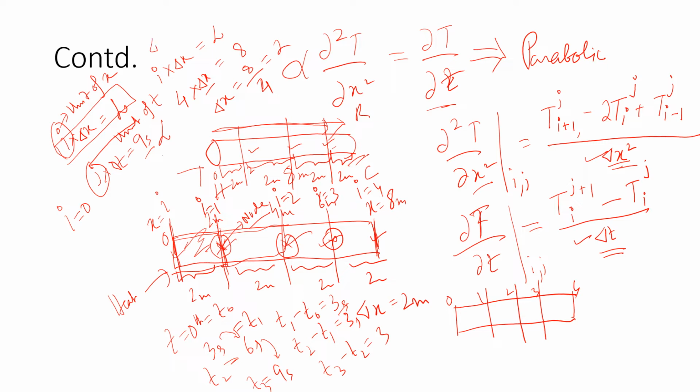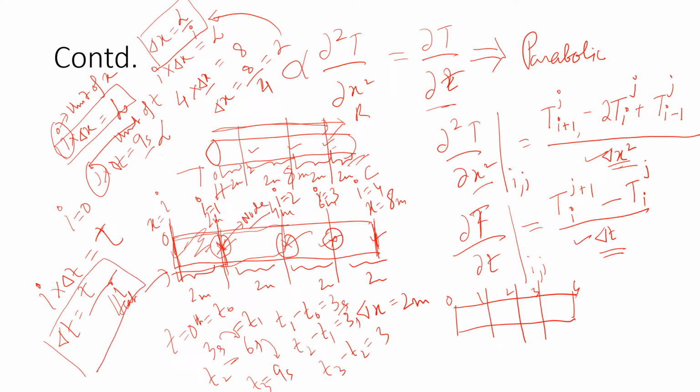So basically del x is equal to L by i, and in a similar manner, j times del t is the total time t, right? Then to find del t, just divide t by j. So this is your del t. Now this is your del x and this is your del t. Okay.